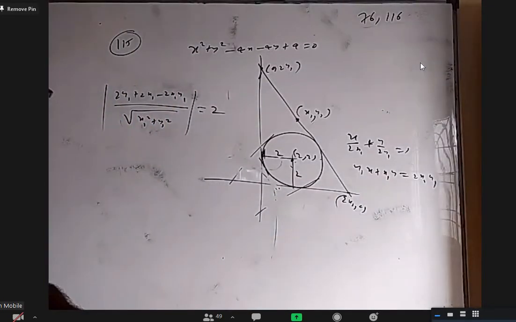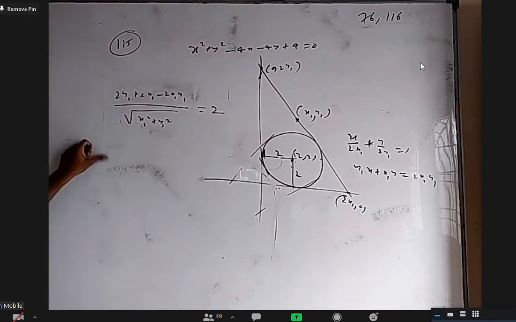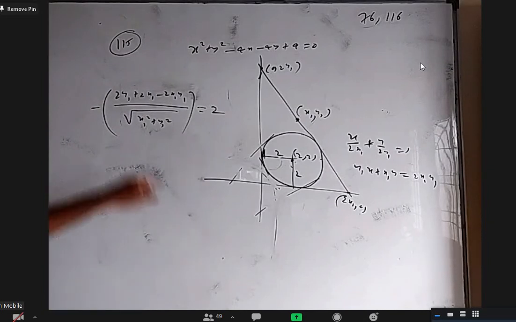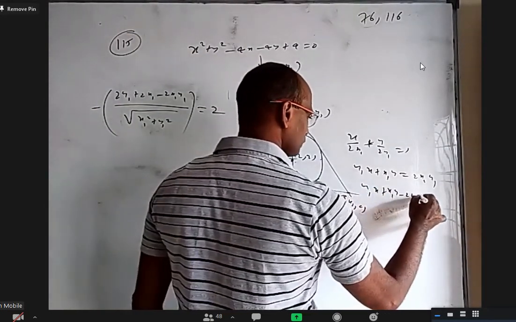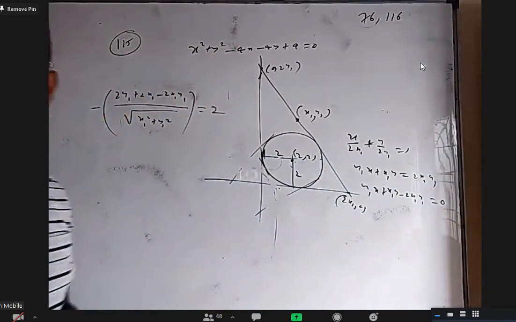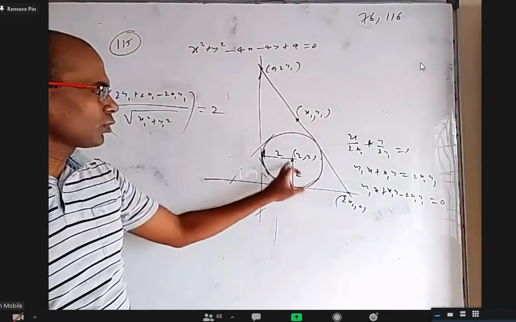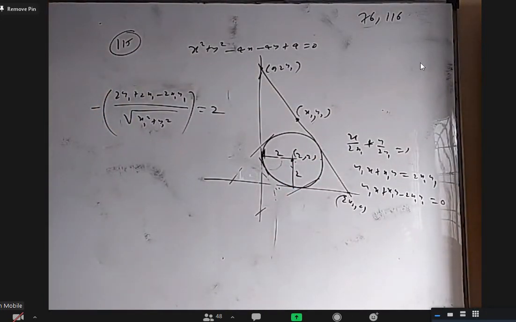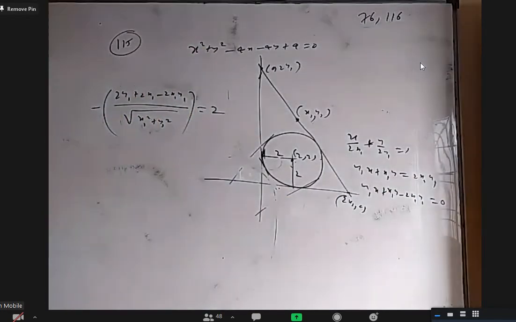Then how do you decide? I want to remove the mod, and I want to put a minus only, not plus, because I know this numerator is actually negative. How do you know the numerator is negative? For this line, are the origin and 2 comma 2 on the same side or either side? Same side. When I put the origin in the line's LHS, will I get a negative or positive number?